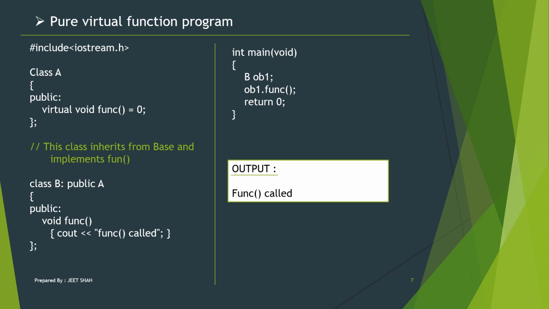Now moving to int main, we created the object of class B as OB1. So when this OB1 is invoked, automatically class B will be called, and we get the output of the func function, which is our virtual function, and we get the output as func called.